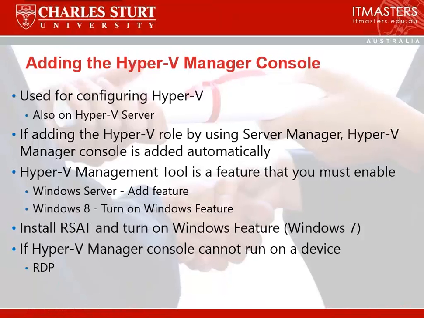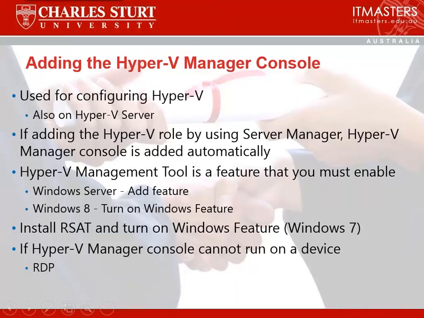So I said you need a Hyper-V management console to manage Hyper-V. And I showed you already how you can install it in Windows Server via adding a feature, or in Windows 8 via turning on a Windows feature. If you have Windows 7, to install the Hyper-V Manager console, not Hyper-V, remember, we had two different components, then you need to install the RSAT.